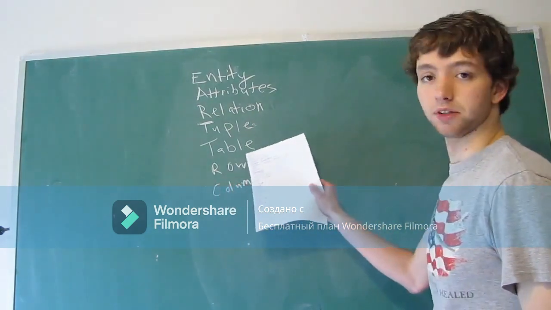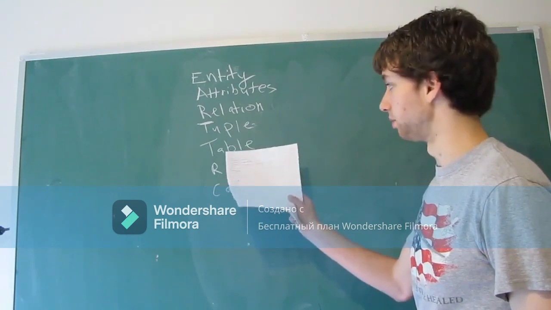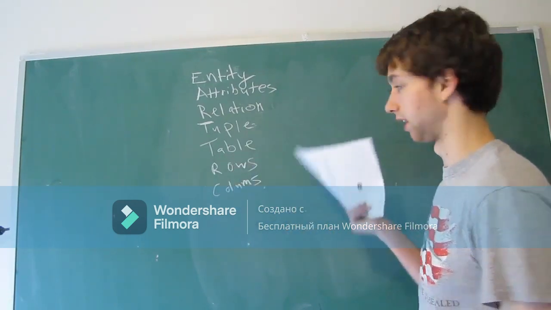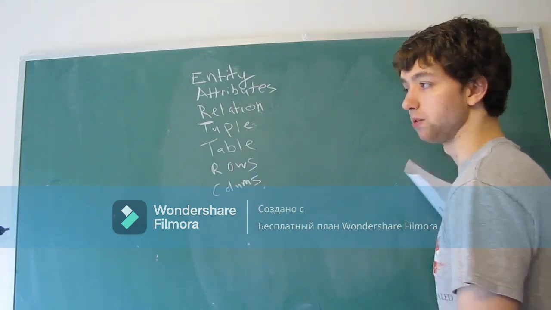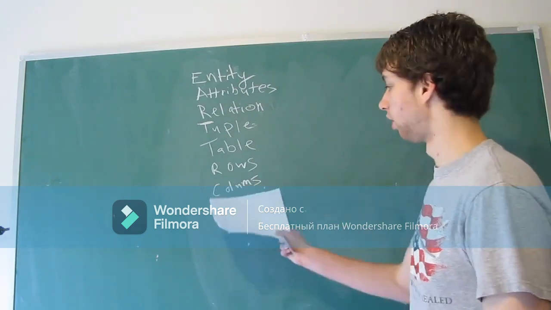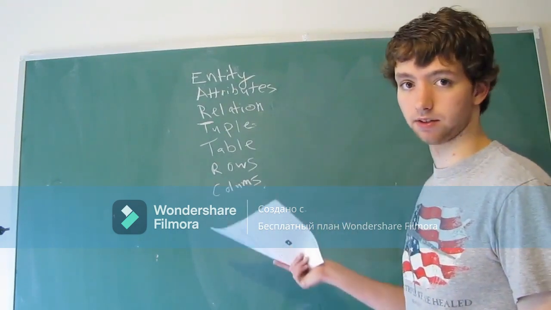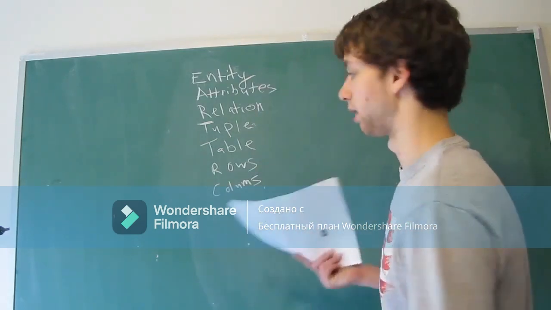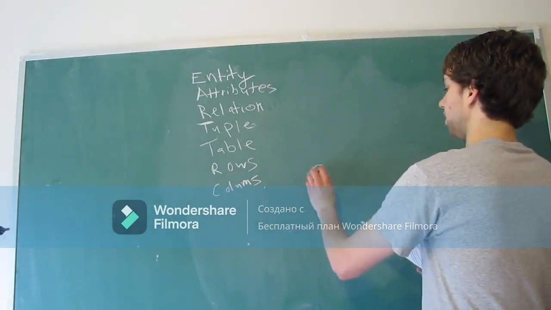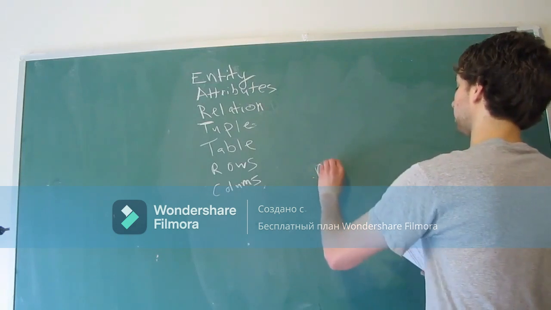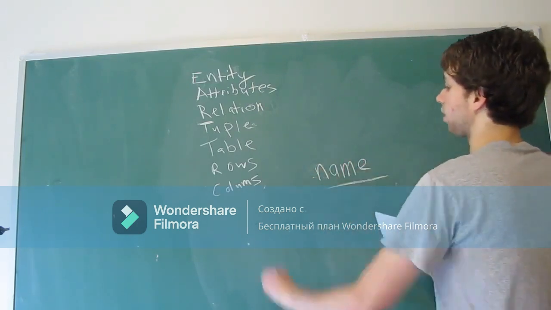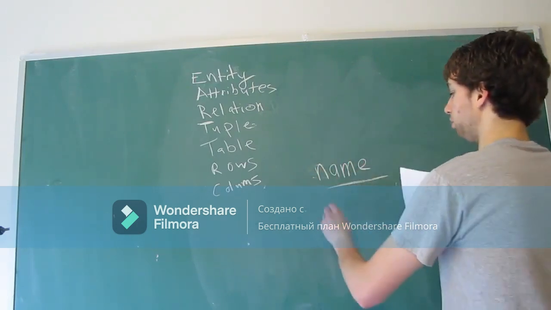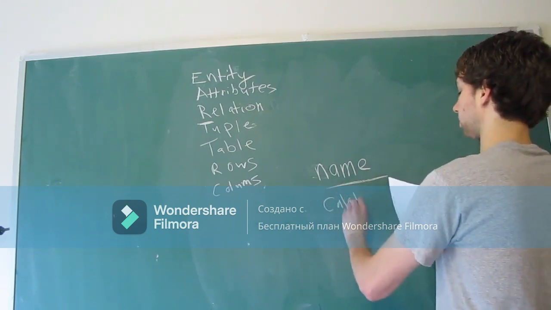The rows would be a specific individual entry within our table, so like that guy we just drew, all of his values would be his row. The columns are a specific attribute of that person, such as a name. This is the column where we would put the value Caleb.